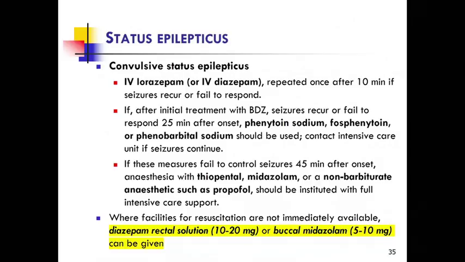And then, aside from the seizure being prolonged, you can also have a seizure that stops in less than 5 minutes, but the patient doesn't recover, and then another one starts. So repetitive episodes without complete recovery. That's also another element that is classified as status epilepticus. So we have two groups of status epilepticus.